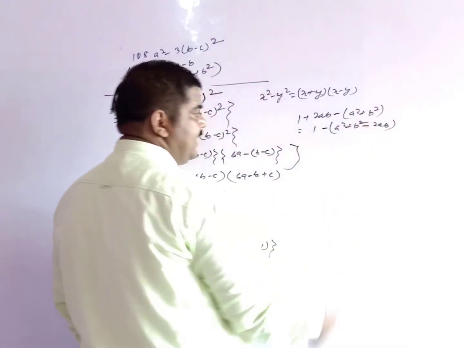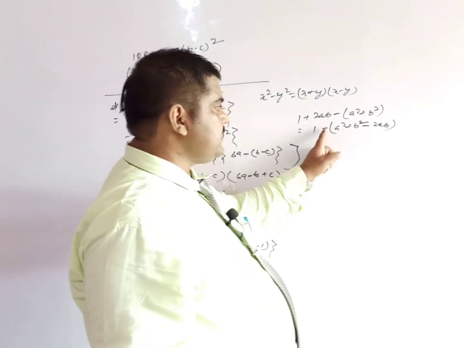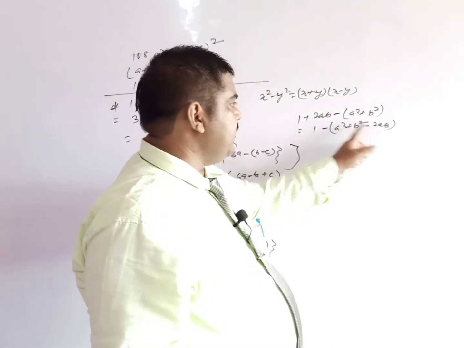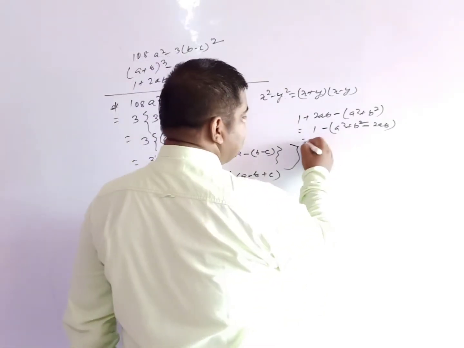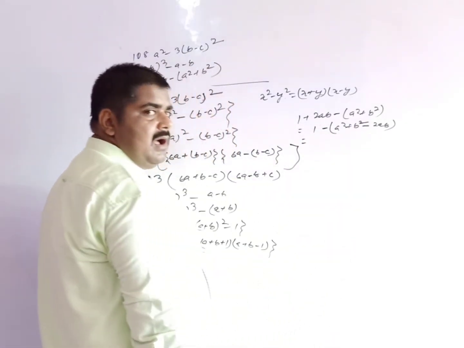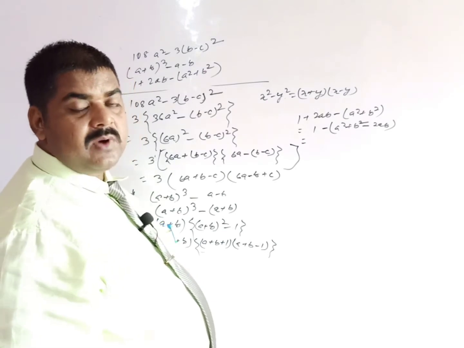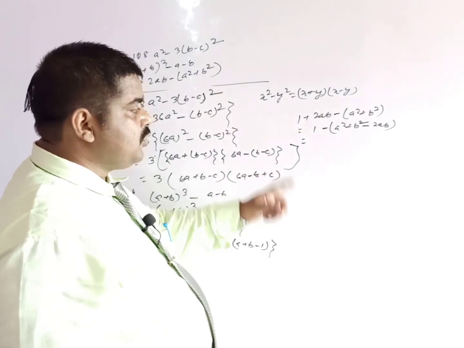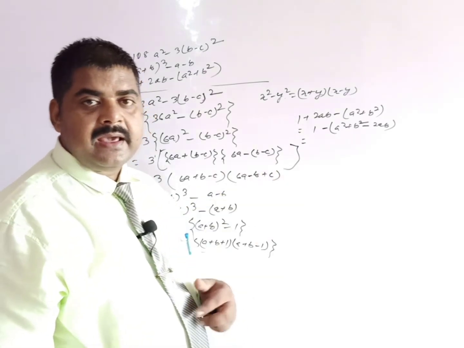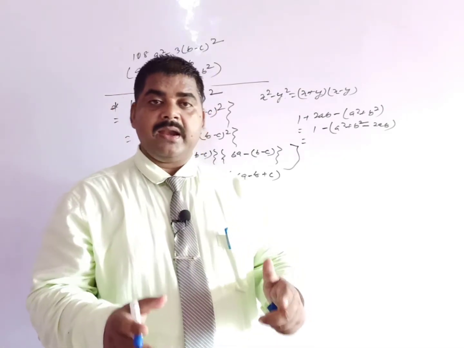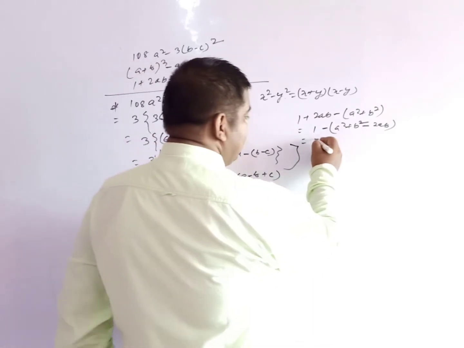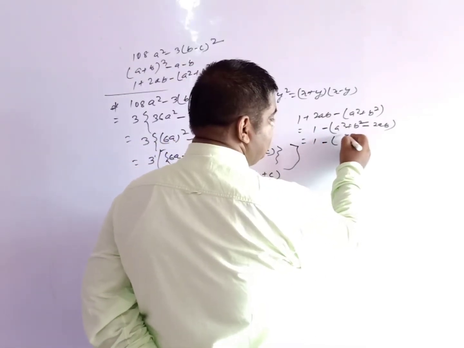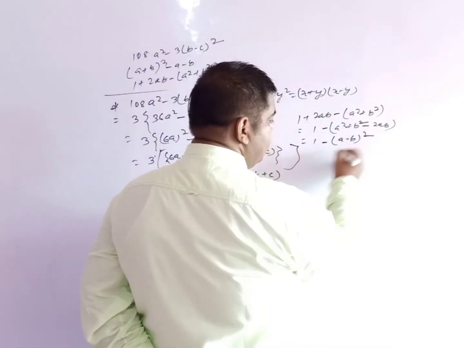I have just rearranged it, and you can just check that minus minus plus 2ab. And why do I have to rearrange it? Because I know another identity that a square plus b square minus 2ab is equal to a minus b whole square, and this is why I have just rearranged it. And after that I can just write down a minus b whole square.